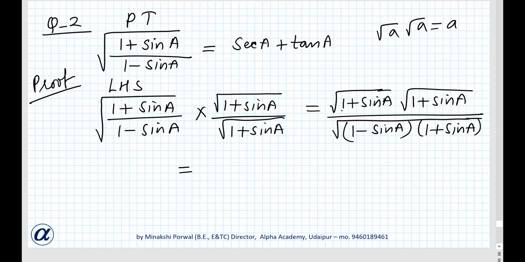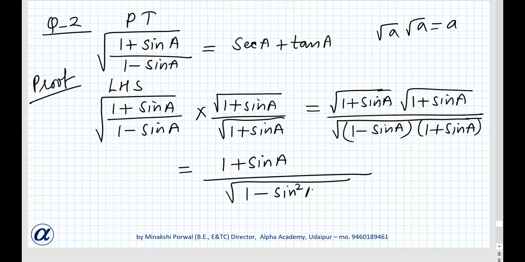when we multiply under root of 1 plus sine A into under root of 1 plus sine A, it will be 1 plus sine A only. Under root of 1 minus sine A times under root of 1 plus sine A will be 1 minus sine square A. Okay.